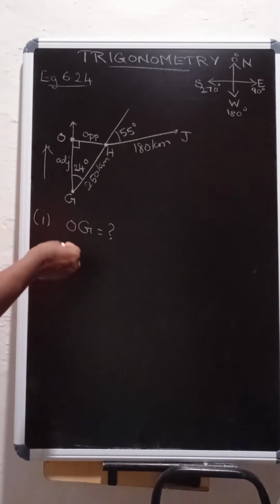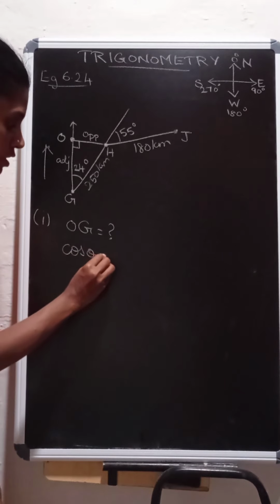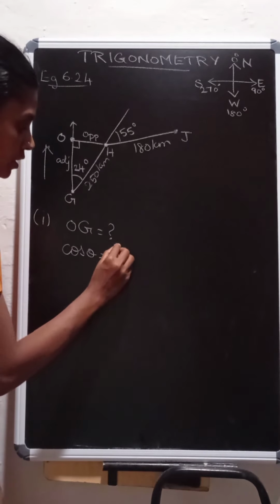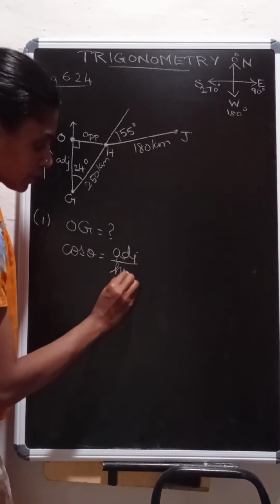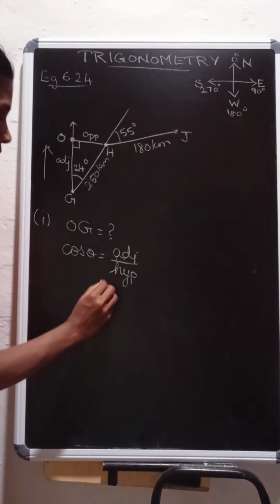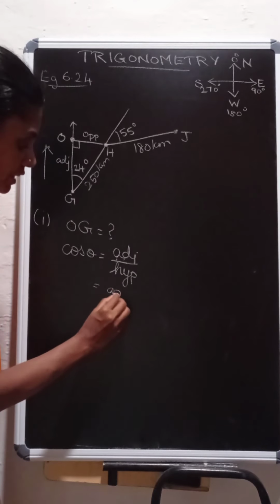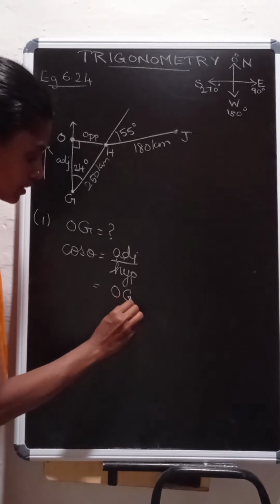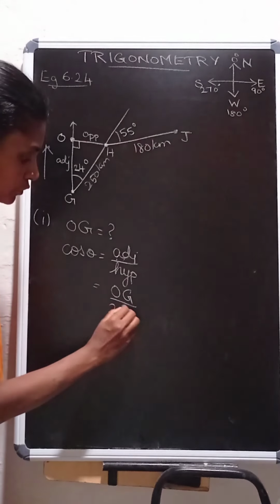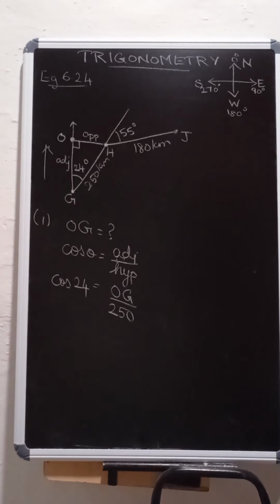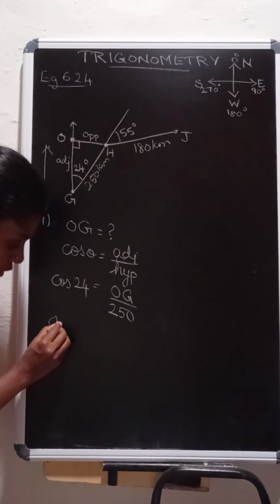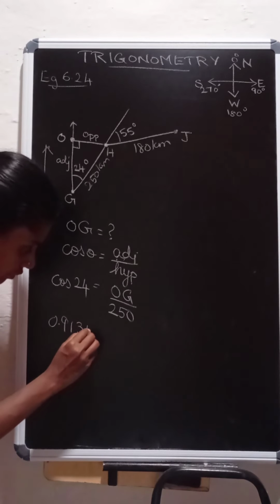You have the hypotenuse value and the adjacent value. Now you have cos theta is equal to adjacent by hypotenuse. So the adjacent value you need to find, that is OG, divided by 250. Cos 24 is given in the question as 0.9135.